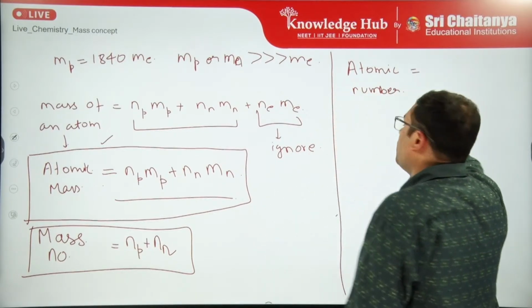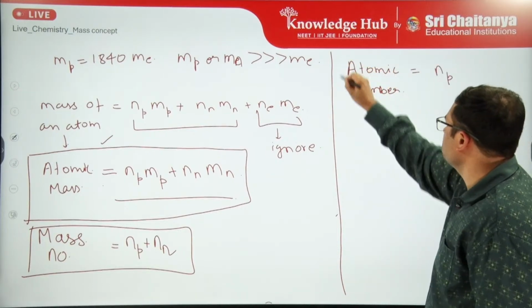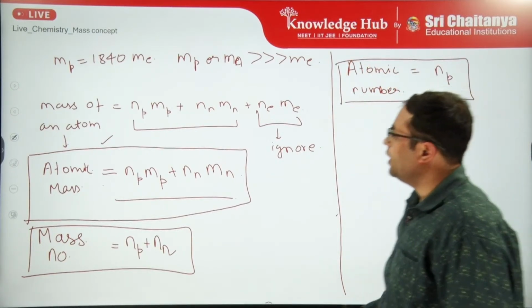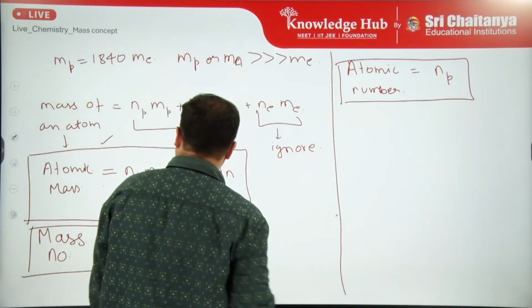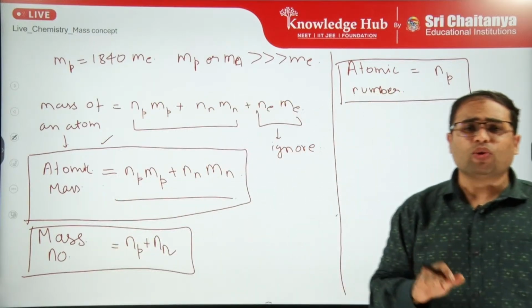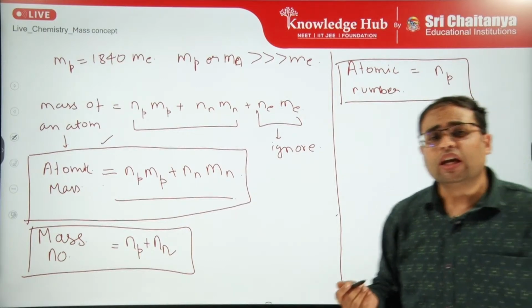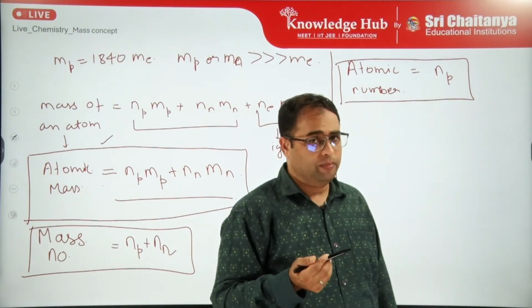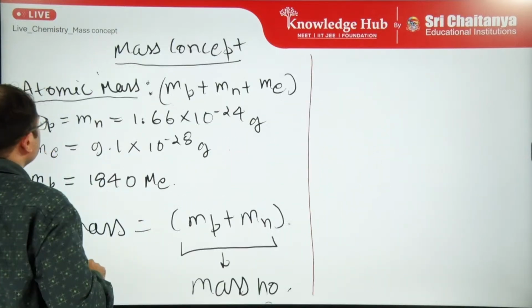What is this atomic number? This is nothing but number of protons. Right. You have learned about the periodic table. It is based on this number of protons. Now these are the basics that you actually need to know and understand in order to move forward in this concept of chemistry. Now let us see what else we have next.